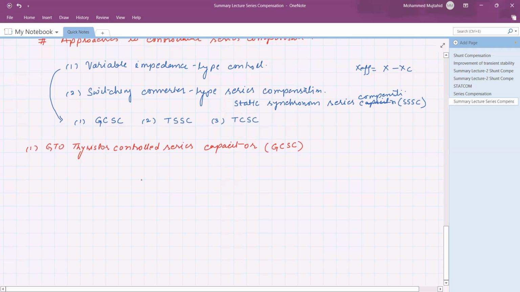Our objective is to control the voltage across the capacitor. I'm not going to discuss much more inside because it is just a summary lecture.